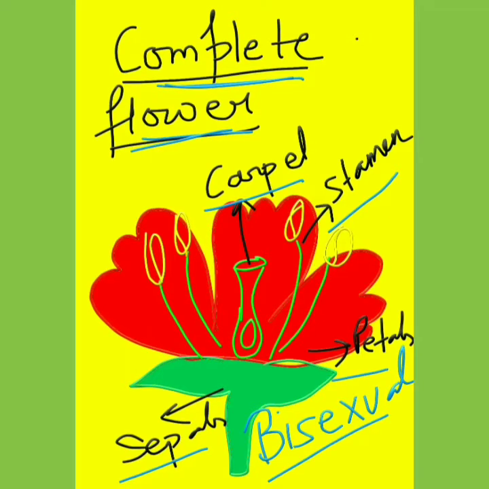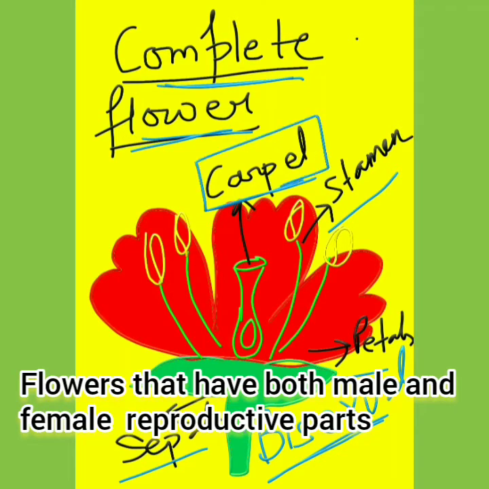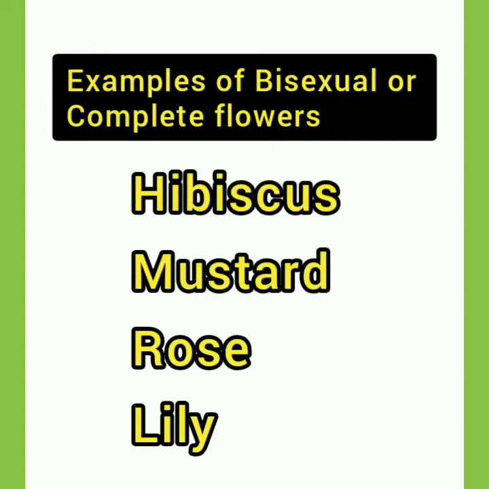So why we call it bisexual? Because such flower contains both female reproductive part as well as male reproductive part. So here are some examples of bisexual flower. That is hibiscus, mustard, rose and lily.